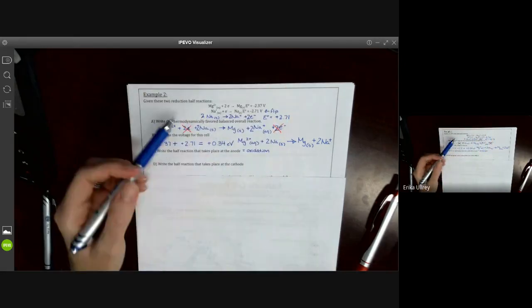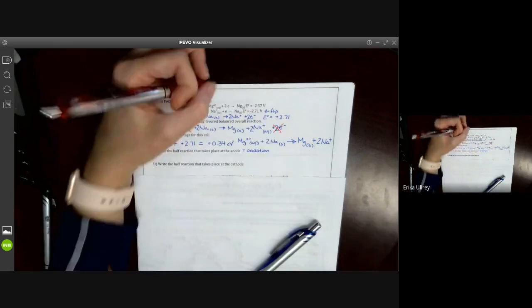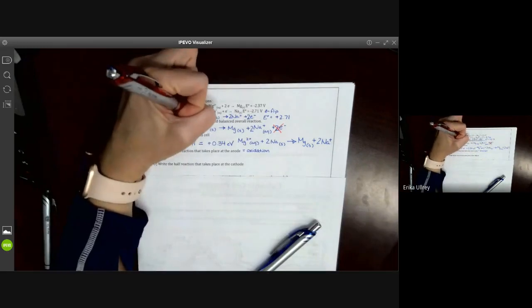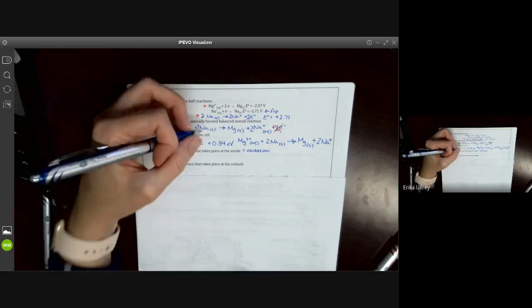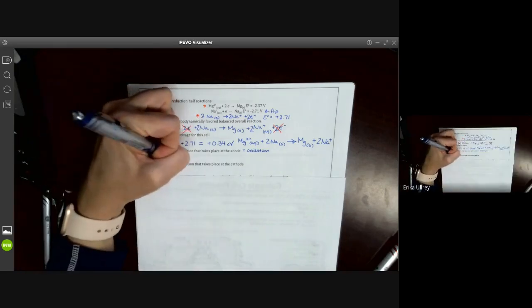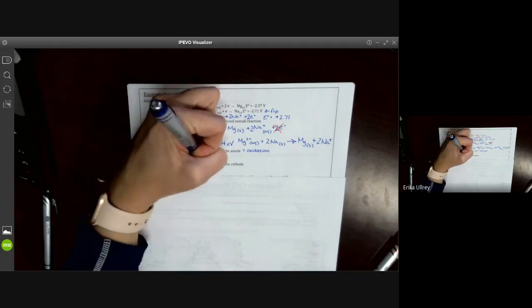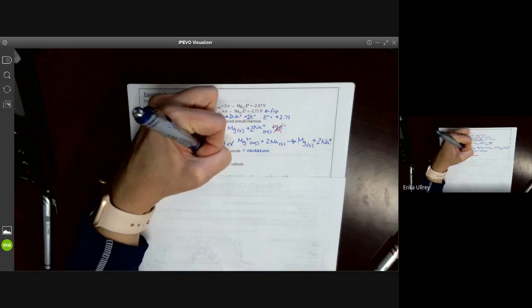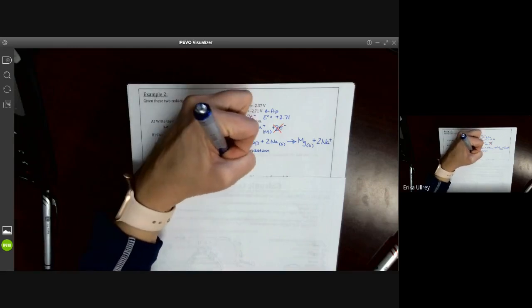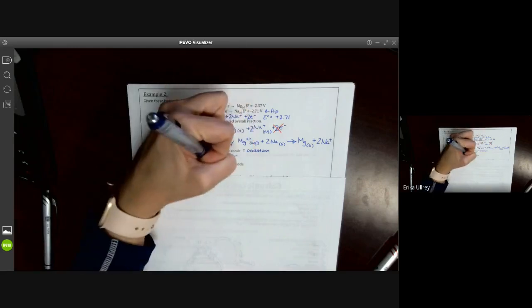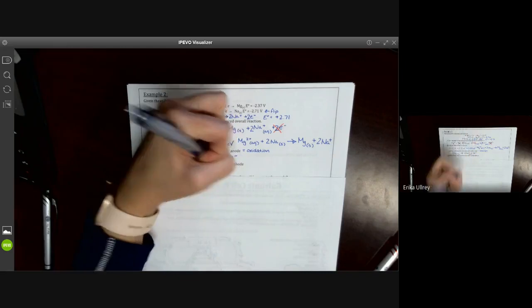So which of my half reactions, this one or this one, represents oxidation? 2Na. The 2Na solid is going to go to 2Na plus plus 2 electrons. Okay, good.